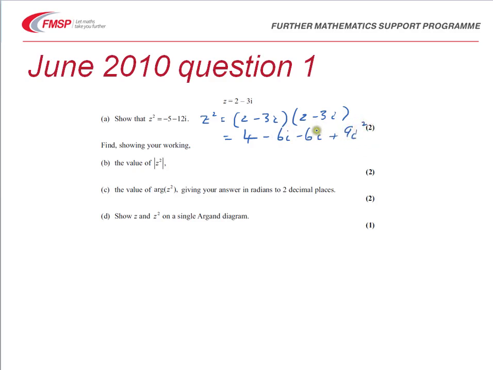Now, in terms of the marking for this, you must say something along the lines that i squared is equal to negative 1, and therefore we get negative 5 minus 12i.